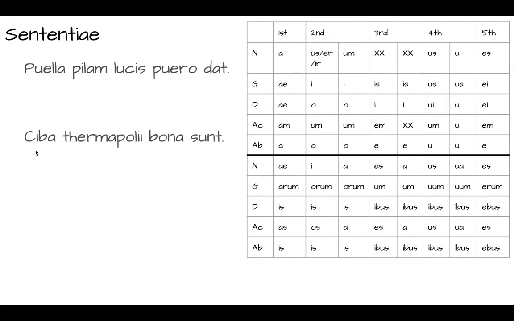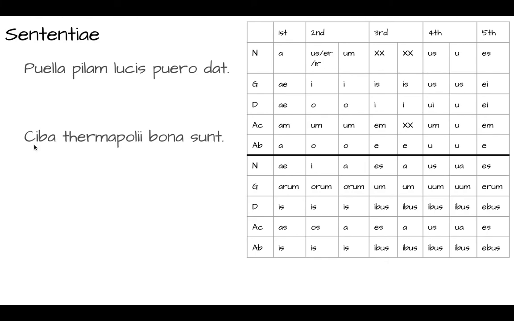All right, next sentence. Cibaria thermopolii bona sunt. So cibaria is from cibum, cibi. So in order for us to have that a on the end, cibaria is nominativus. Could also be accusativus. However, it's the first word of the sentence, it's most likely the subject, right? So let's go with that.